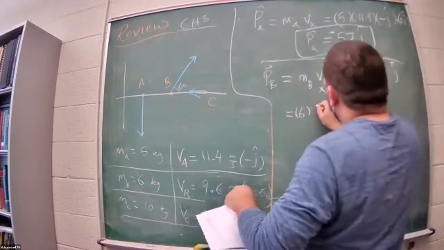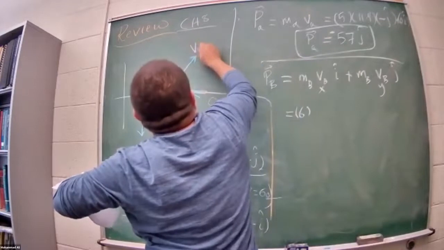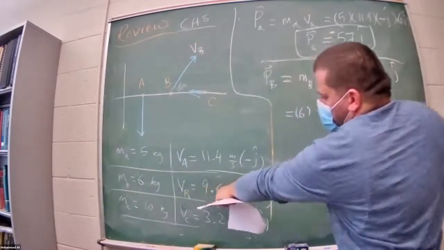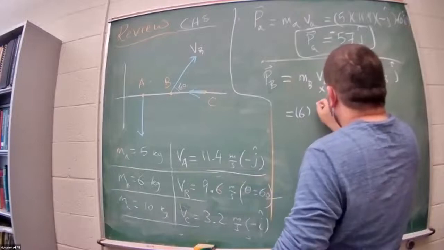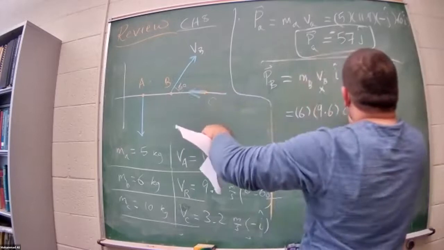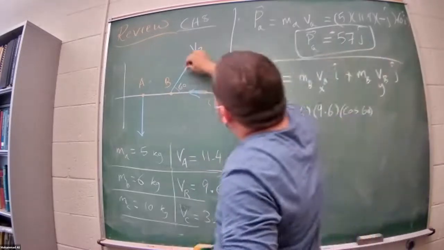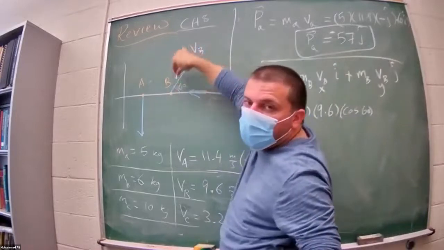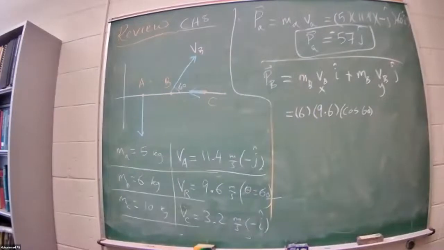V, it is the velocity, which is 9.6 cosine 60. Cosine is in the direction of the angle. Okay? If you have any issue about that, please tell me.